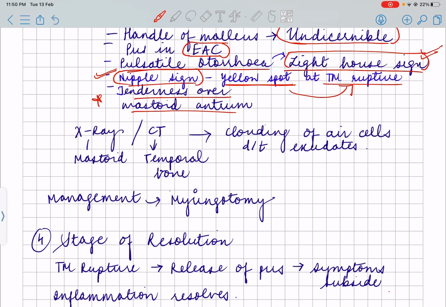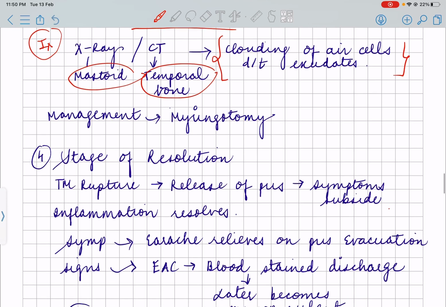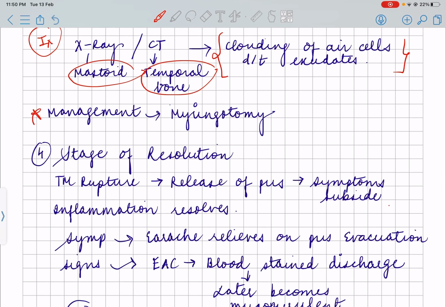The investigations include X-ray of mastoid, as well as one can opt for CT of temporal bone, and both of these findings will reveal a clouding of air cells due to exudates. The management at this stage will be myringotomy.